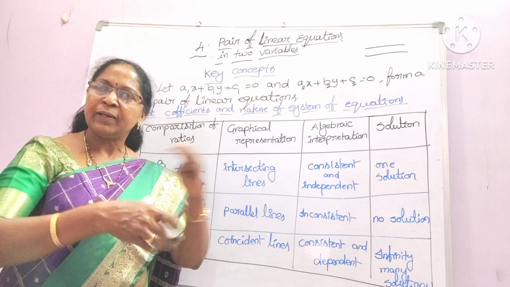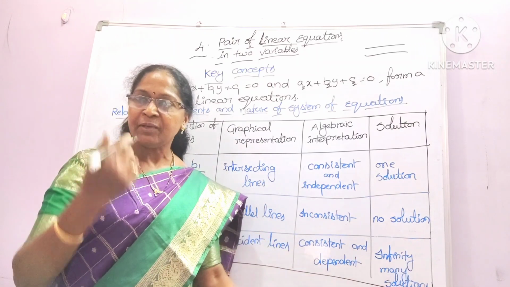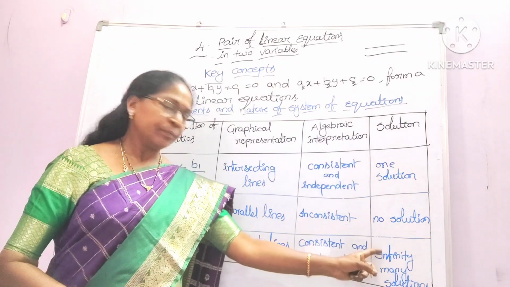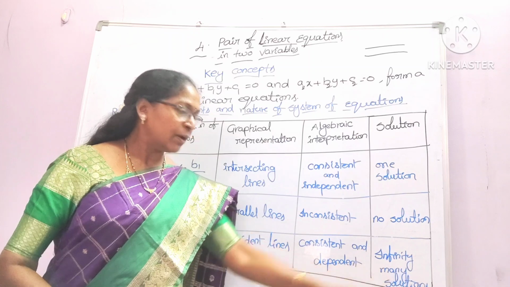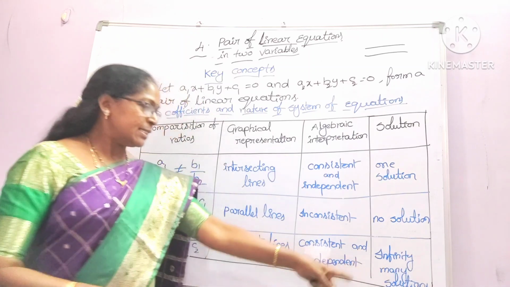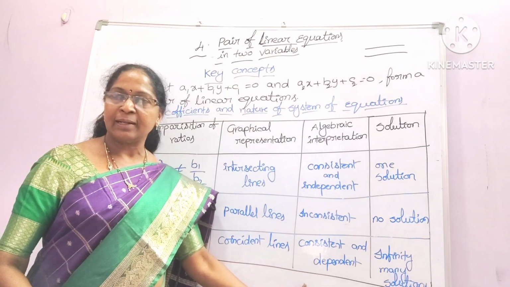On the same line you will get the other line also. That means an infinite number of solutions. Infinity is nothing but no limit. So infinitely many solutions, no end. These lines are also consistent and dependent.